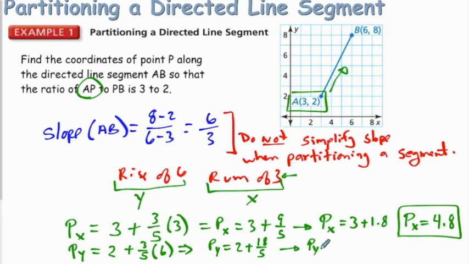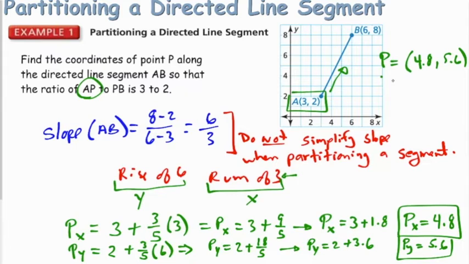And this P has a y-coordinate equal to 2 plus 3.6. So we have a P with a y-coordinate of 5.6. So that means we can say that point P has coordinates (4.8, 5.6), and that will represent 3/5 of the distance from point A to point B.